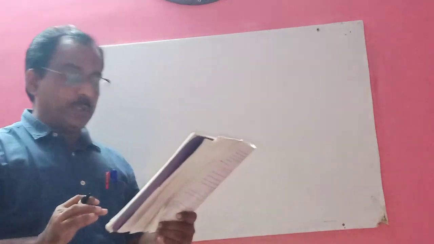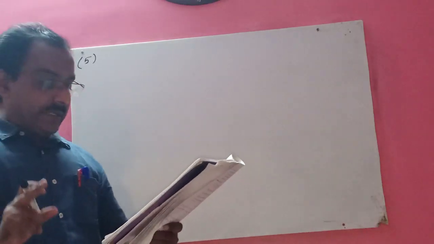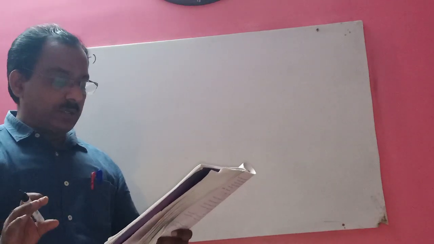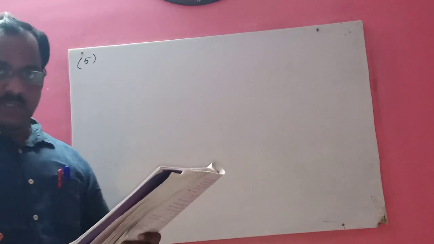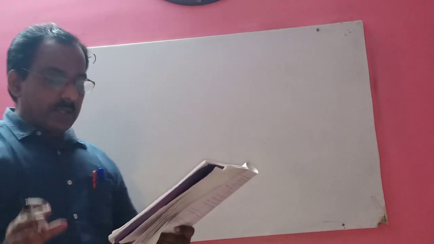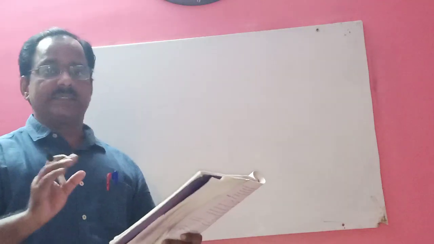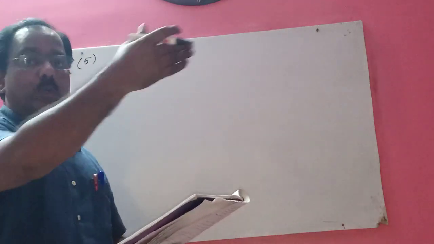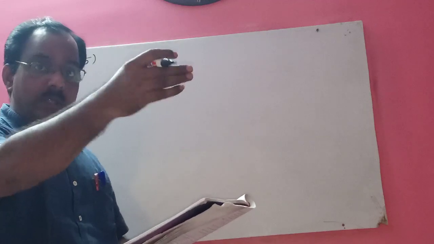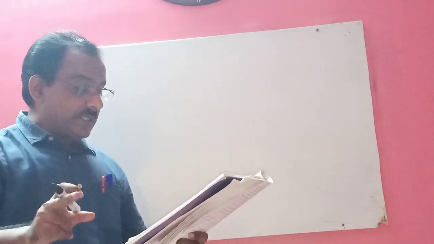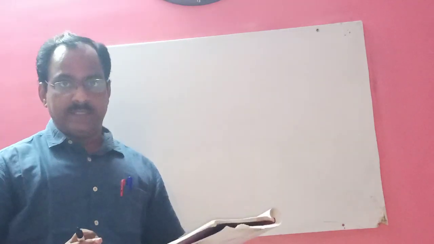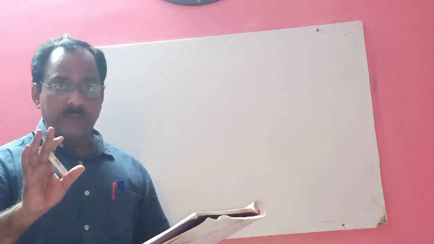Mrs. Beauty Products paid 18% GST on cosmetic worth rupees 6,000. Means it is already given the cost of that cosmetics is 6,000. And when it was sold, that time the GST paid 18%. Understood this one?